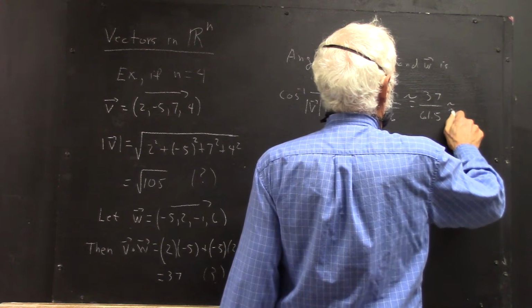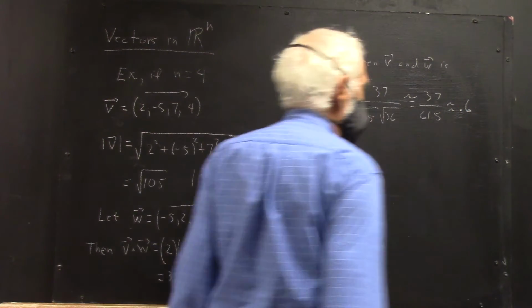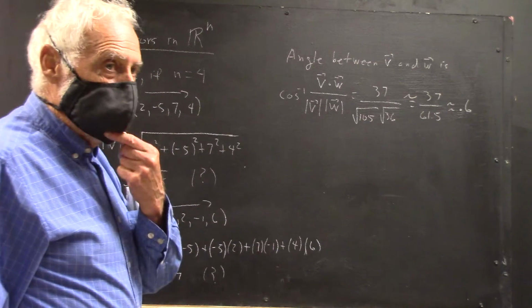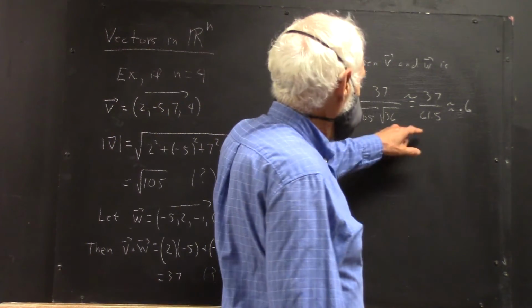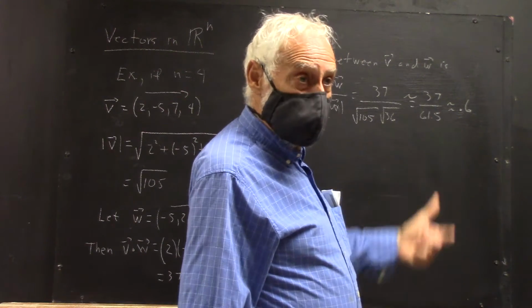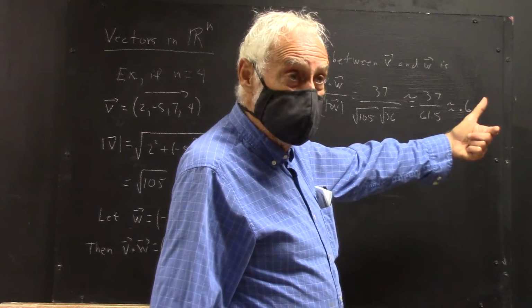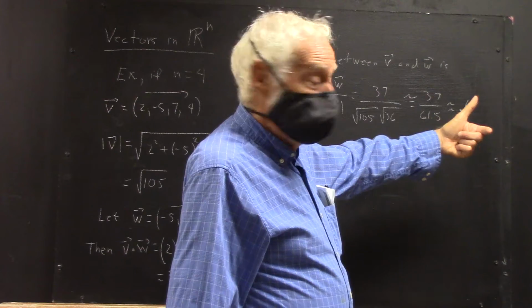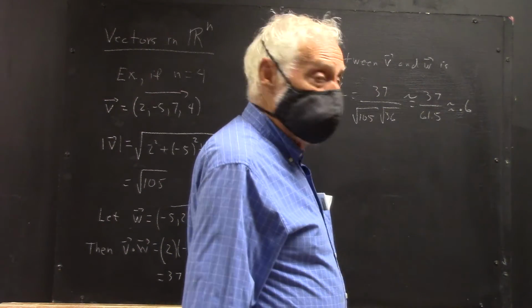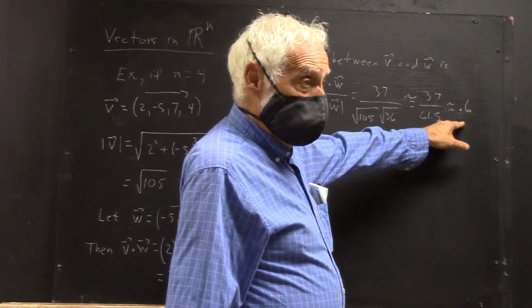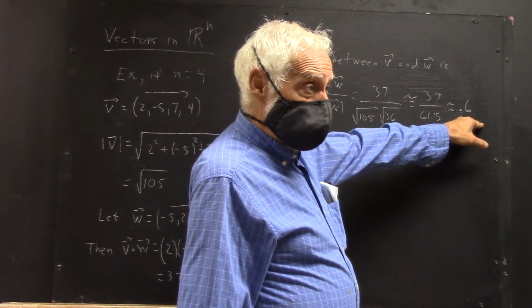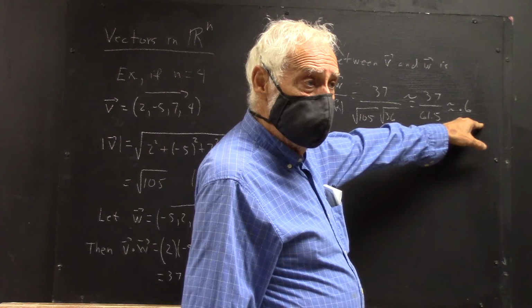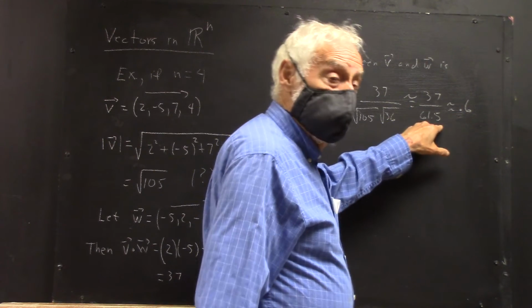And that's approximately equal to 0.6. I could probably go another decimal point, and that would probably be meaningless. But 6 goes into 36 6 times, right? So 61.5 will go into 37 about 0.6 times, and I think it's between 0.6 and 0.61. Maybe it's 0.61, but it's pretty close to 0.6.